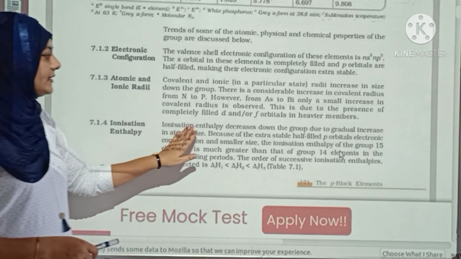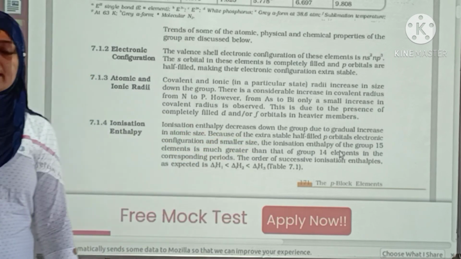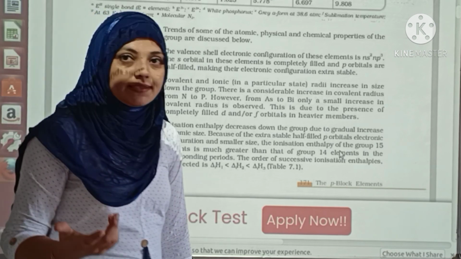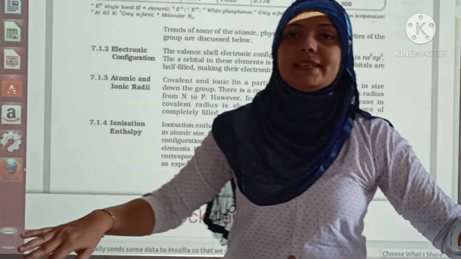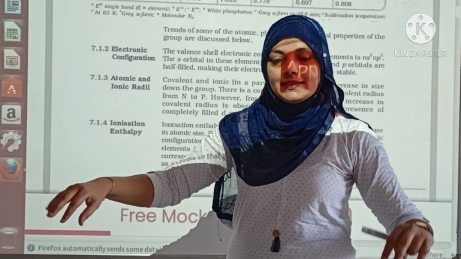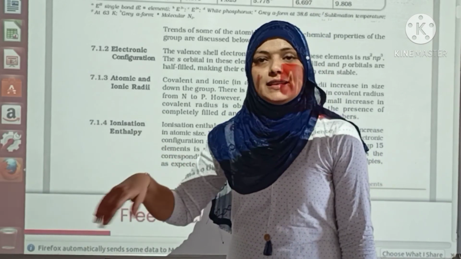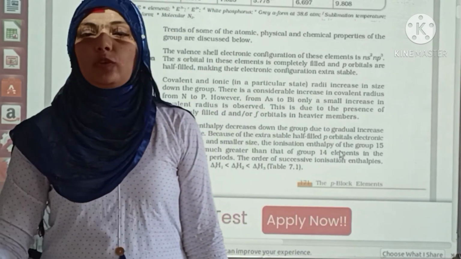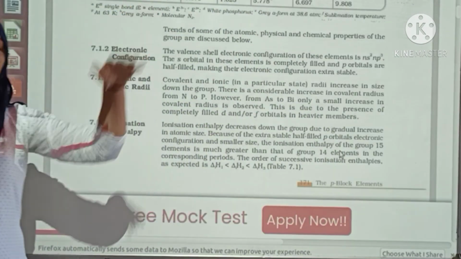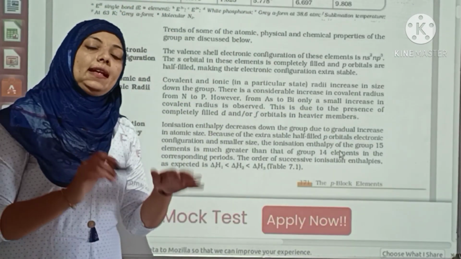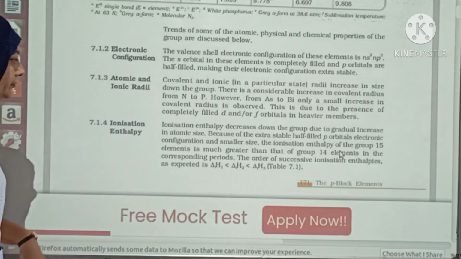Ionization enthalpy decreases down the group. Why does it decrease down the group? As you move from top to bottom, the size increases. When the size increases, the electrons in the outermost shell are very far apart. So in that case, you can remove the electron easily. That is why, moving from top to bottom, ionization enthalpy decreases.